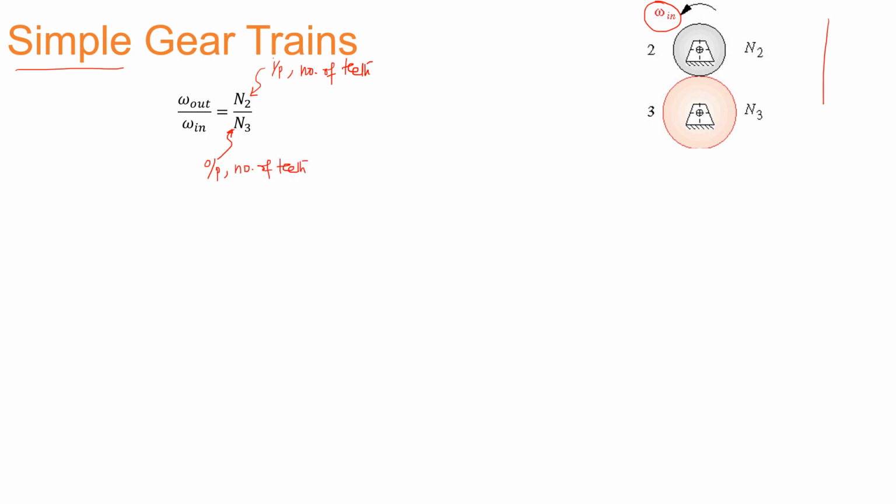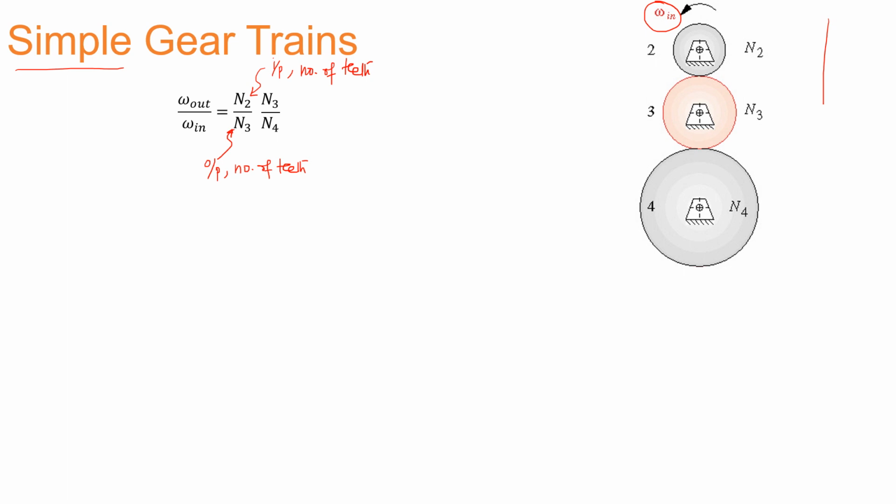So if I just say that I'm going to get the output at gear number 3 using this expression, this would be right. But obviously this needs to be further augmented, and that is when we add another gear in the mix.